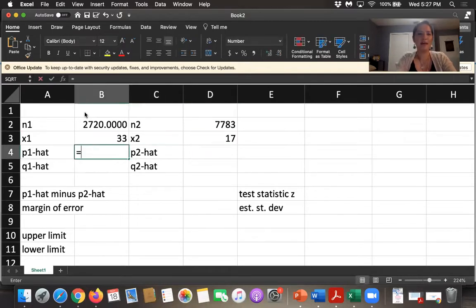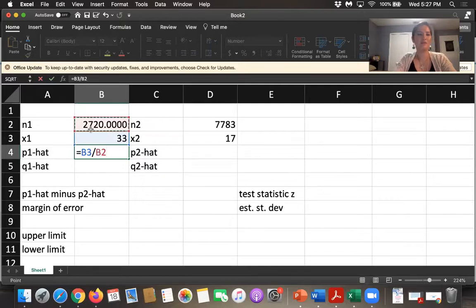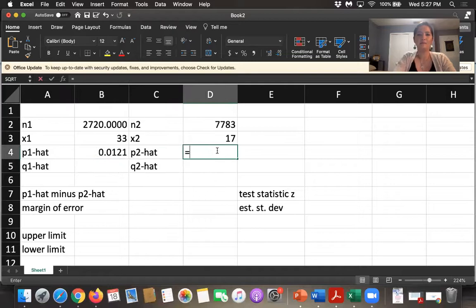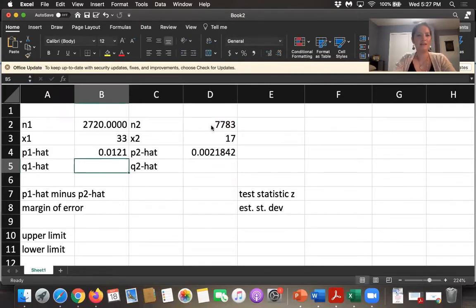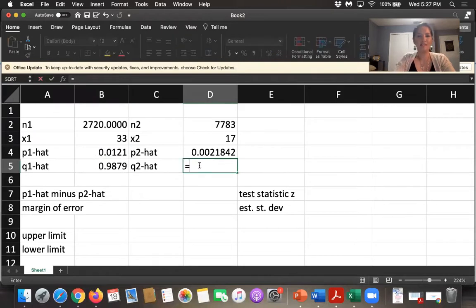And so P1 hat is X1 over N1. So I'm typing equals X1 over N1. I'm selecting those cells. And then P2 hat is X2 divided by N2. And then Q1 hat is the complement of this, so it's 1 minus that quantity. And Q2 hat is 1 minus that quantity.